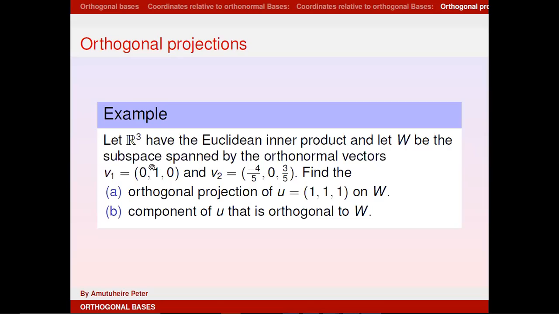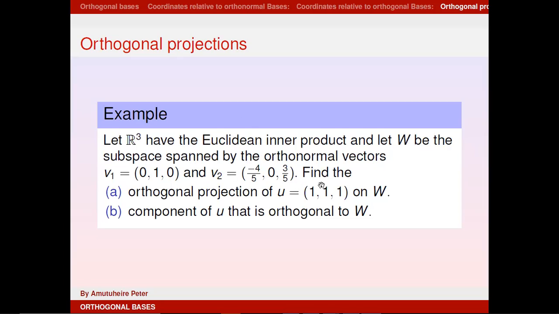Okay, example. Our inner product space is R3, and the inner product defined on it is the Euclidean inner product, and W is a subspace which is spanned by orthonormal vectors V1 and V2.